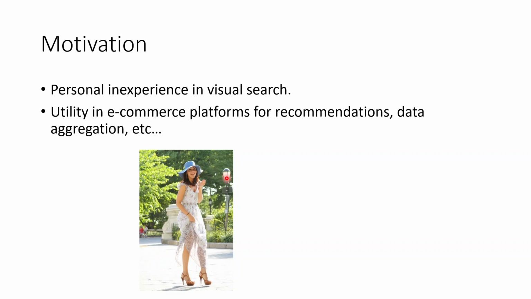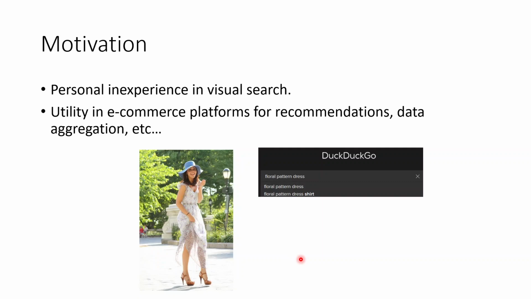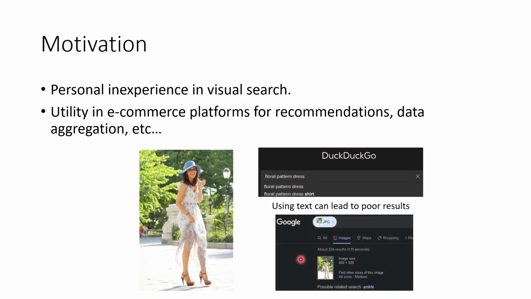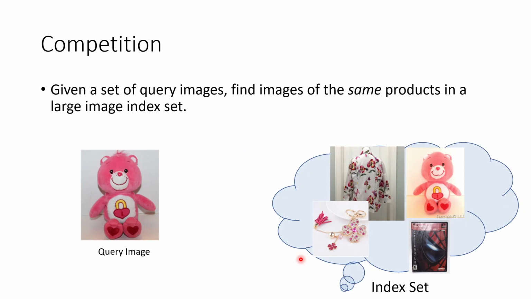So the idea is, let's say that we have a dress that we really like. Searching for it in a regular search engine might be kind of hard, but searching for the image might give us results of the same dress, which we might find at a store or something like that. So the idea of the competition is that we have a query image and we have an index set which contains many images of different products.